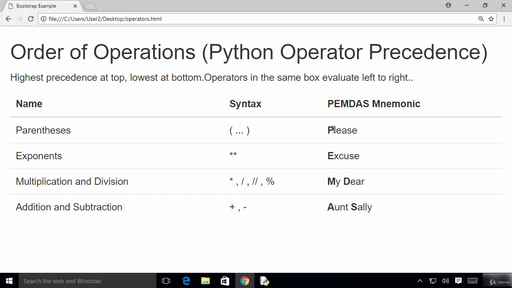You need to remember the first letter of each word here. P stands for parentheses, E stands for exponent, M and D stand for multiplication and division, A and S stand for addition and subtraction. So for remembering, you can either use this sentence or you can remember this keyword.